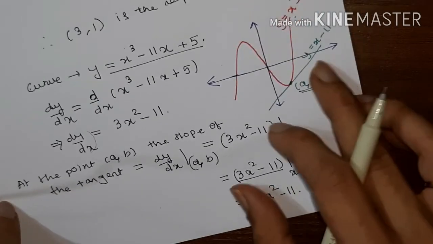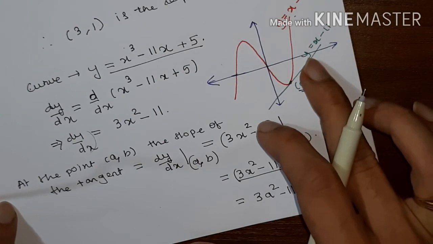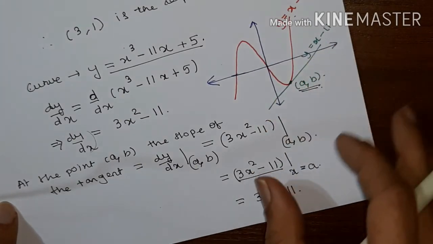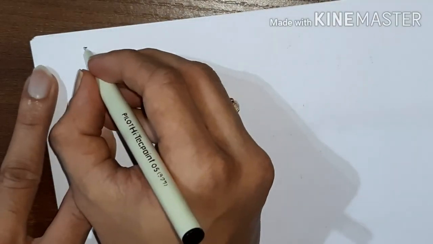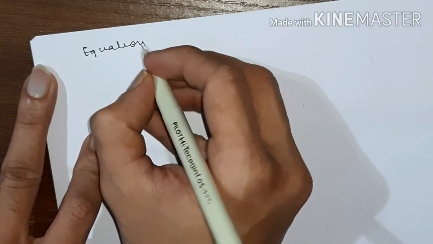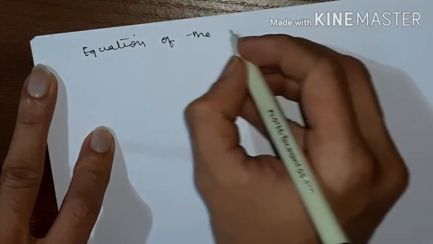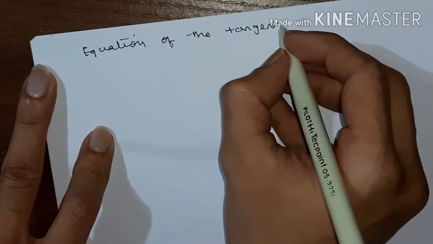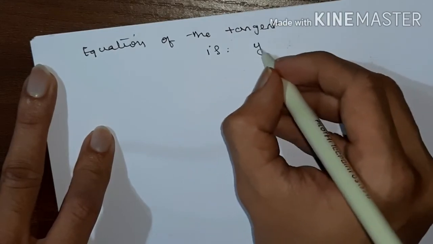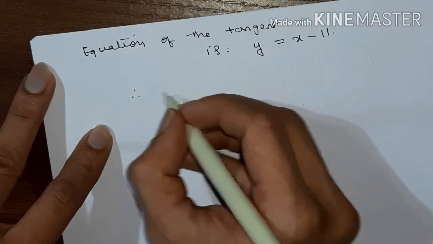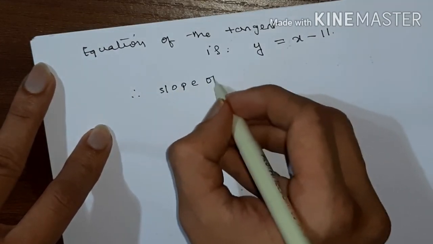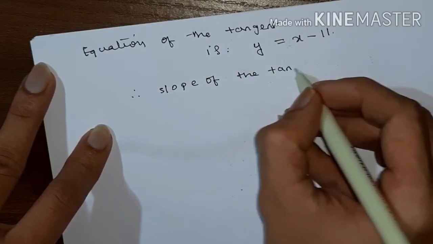Now the equation of the tangent is also given to you. Here it is y equal to x minus 11. So the equation of the tangent is y equal to x minus 11, therefore the slope of the tangent is what?